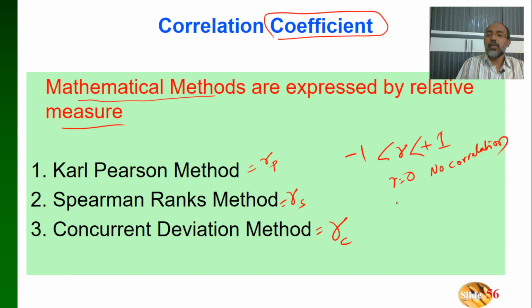R equal to -1 means negative correlation. R equal to +1, or plus values up to 1, is a positive correlation.